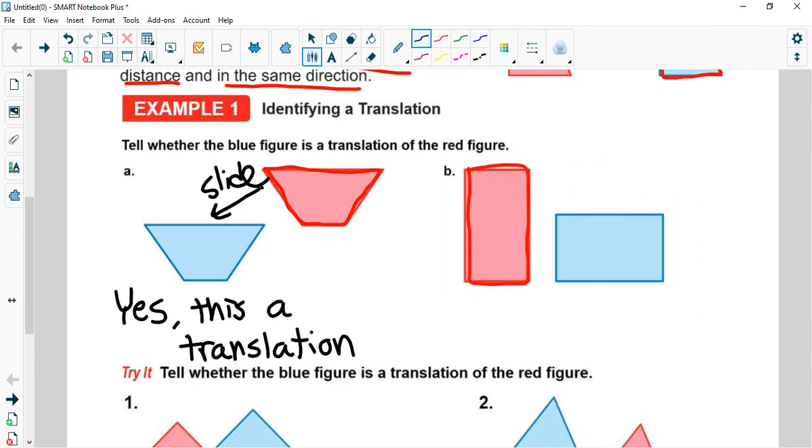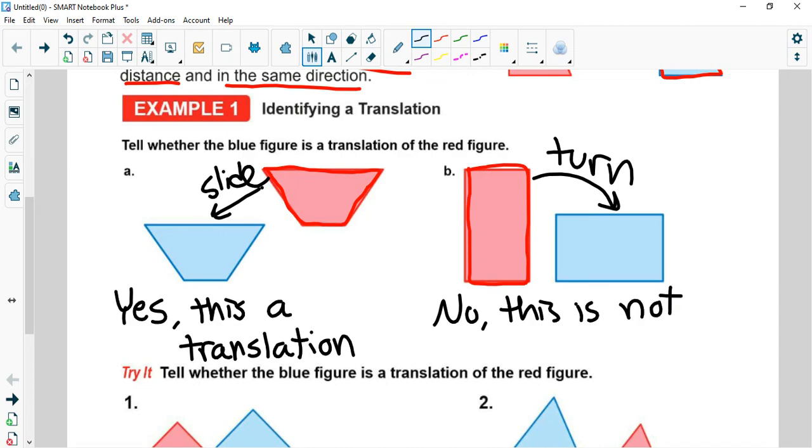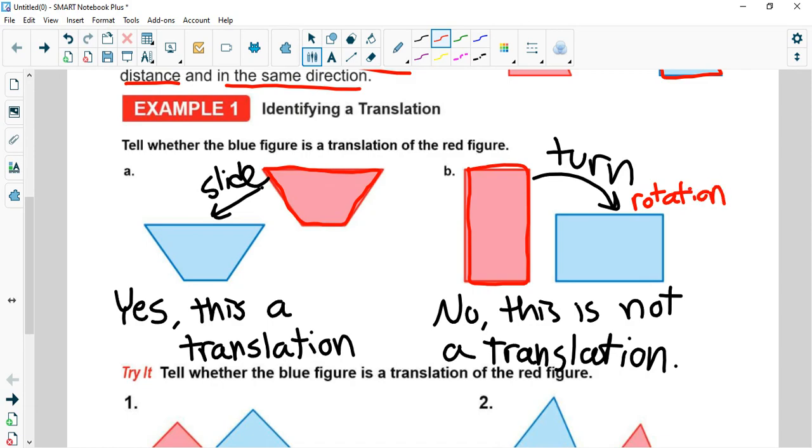The only way for the red to turn into the blue in this case is to turn it. So no, this is not a translation. We'll learn another name for that. In fact, just for a look ahead, this would be called a rotation. That'll be our third lesson.